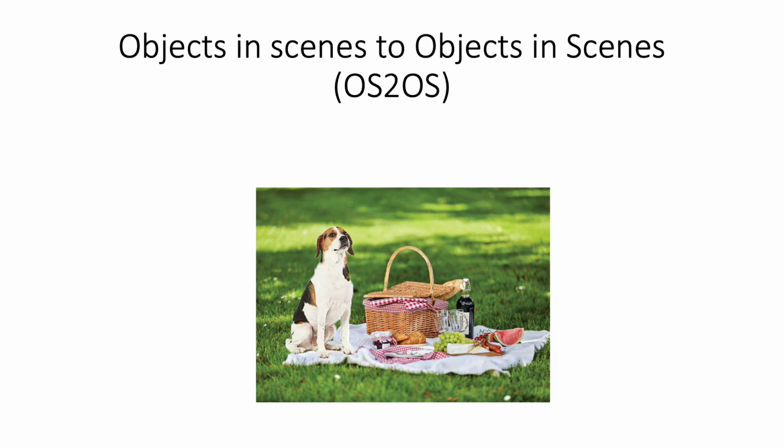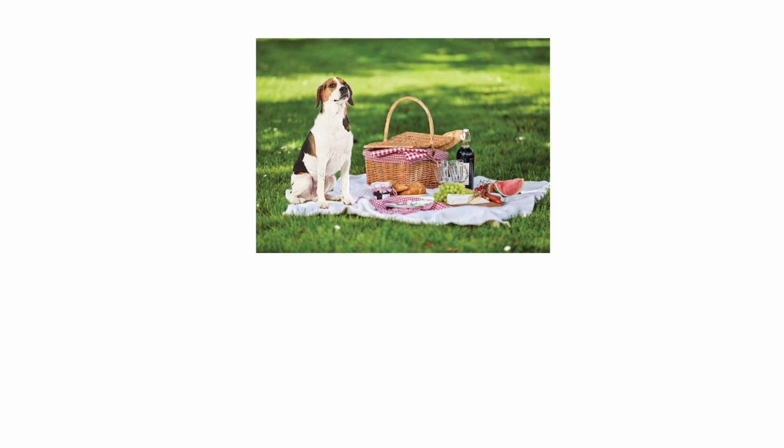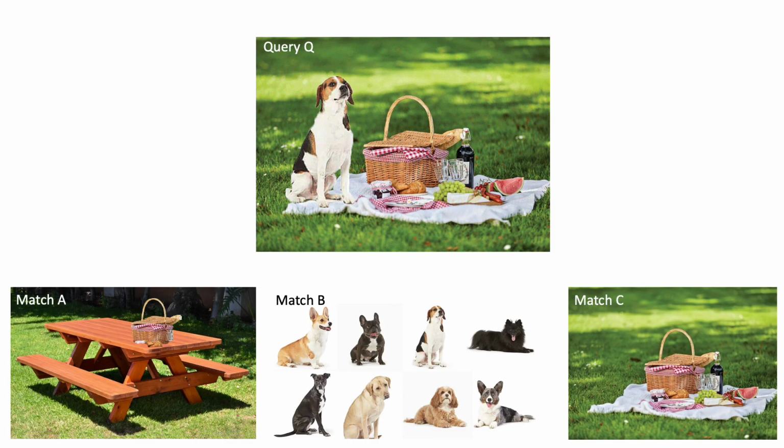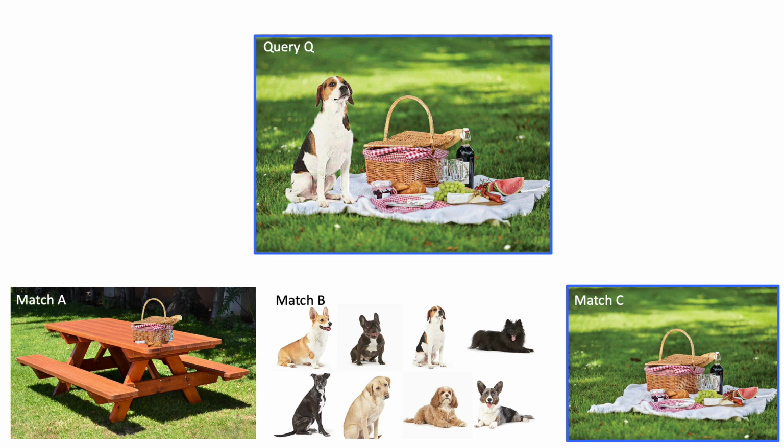So, what is OS to OS? We'll take this image of a nice dog having a nice picnic in a nice park. Well, there's 3 types of related images to this particular image. We'll call it query Q, and there's match A, B, and C. Starting on the right, match C has an entire background that matches with the image.